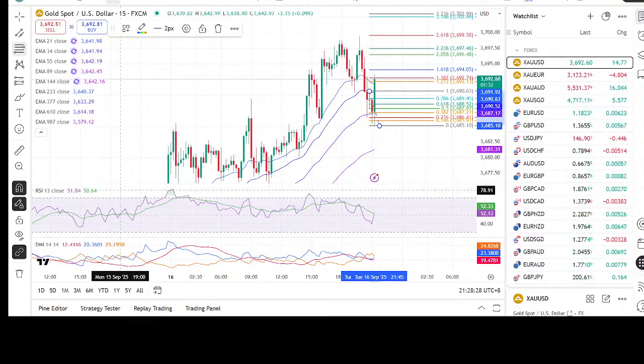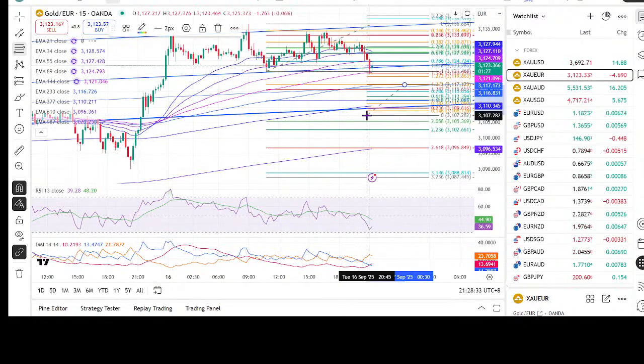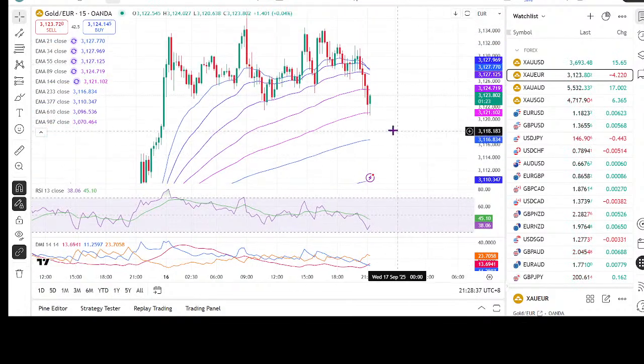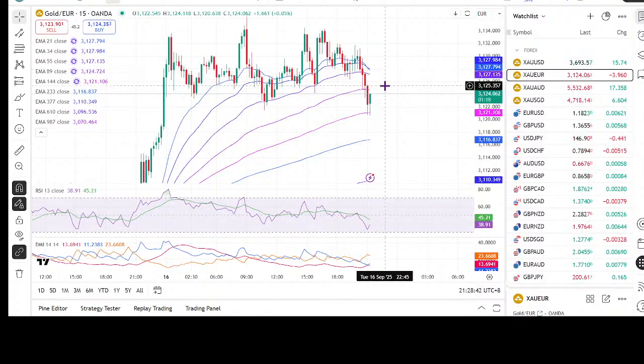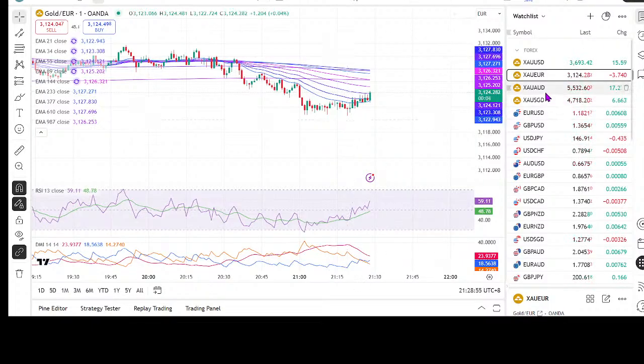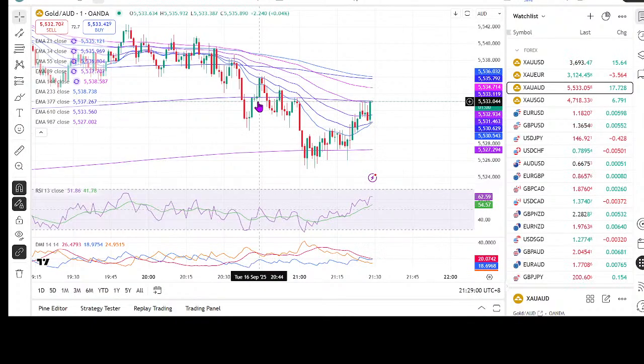Okay, let's see the gold euro. See, the gold euro is not showing strength. You see, this is the problem now. This is not showing a strength, so this is still pretty weak, and okay, so most likely I think we may have seen the base.